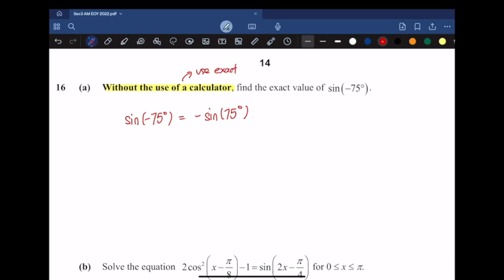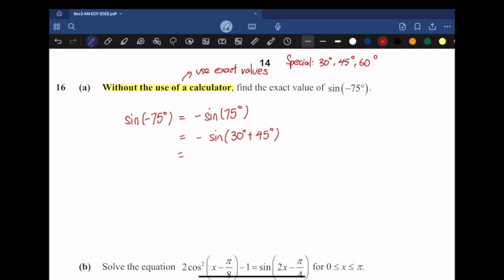The special angles that you have learned before are 30 degrees, 45 degrees, and 60 degrees. If you observe 75 degrees, the two numbers that make up 75 are 30 and 45. So this can be rewritten as negative sine of 30 degrees plus 45 degrees.